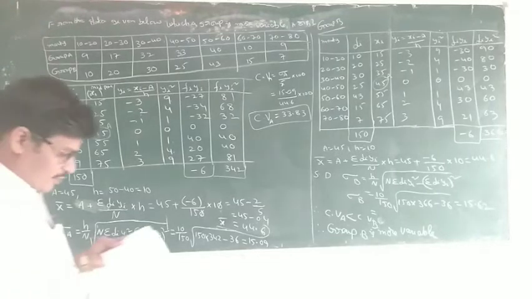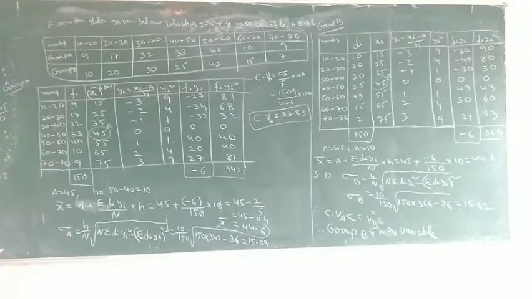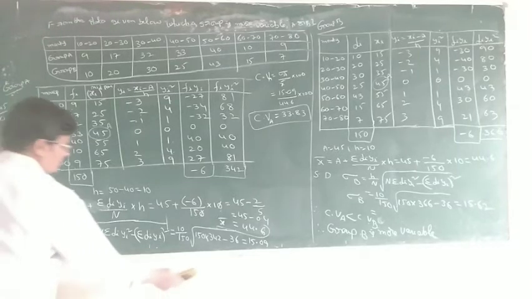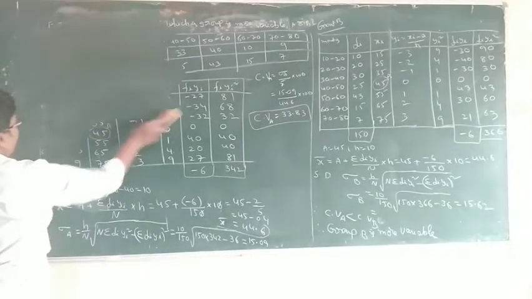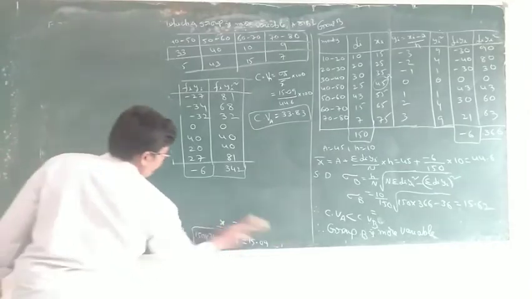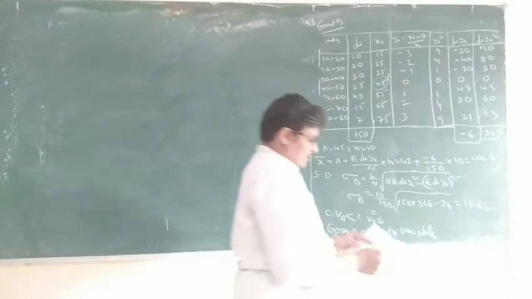So next in our textbook, the fourth problem. The fourth problem is also the same, ungrouped data, team A and team B. It is a simple problem.